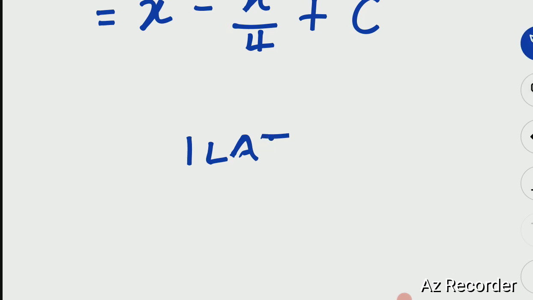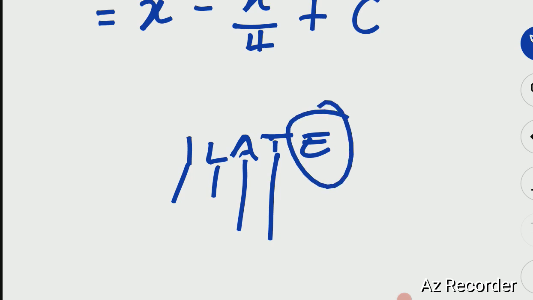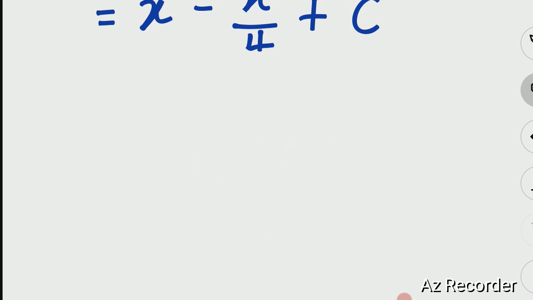We have touched logarithmic, we have touched algebraic. We have exponential, which is the last one that we're going to touch. Once we touch this, that will be the end of the video.